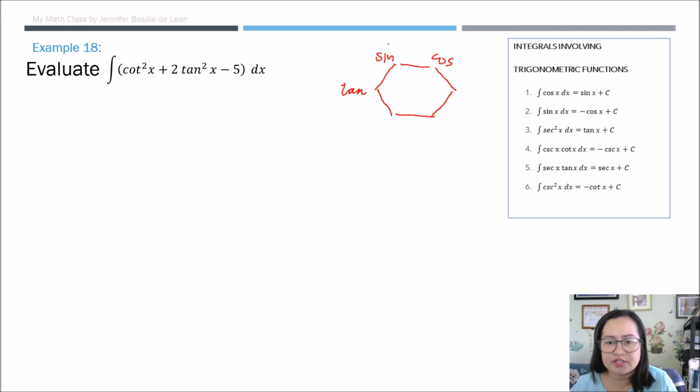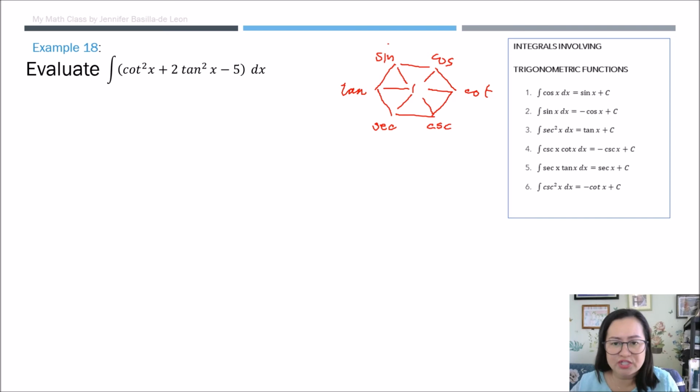Okay, so opposite we have cotangent, and then we have cosecant, and then we have secant. We have one in the middle. Now, as you can see, there is an exponent 2 above the trigonometric function. So with this, let's use the different Pythagorean identities.